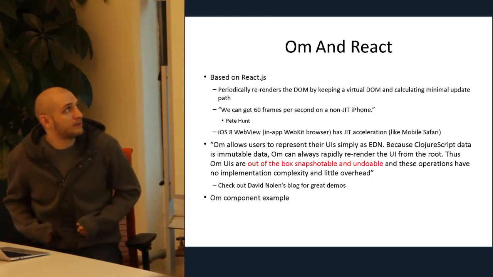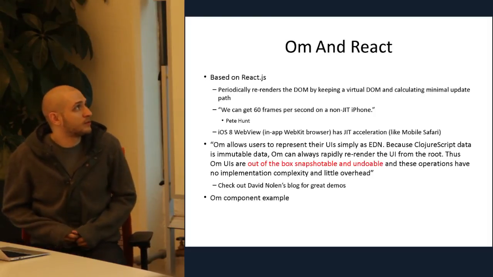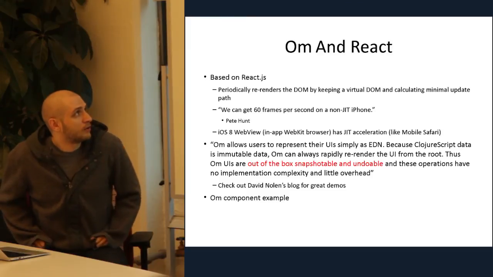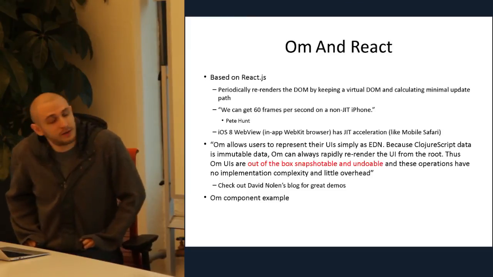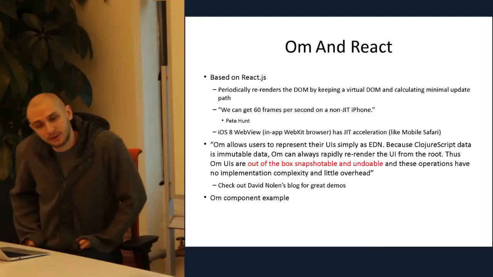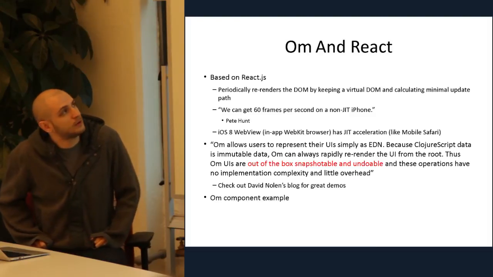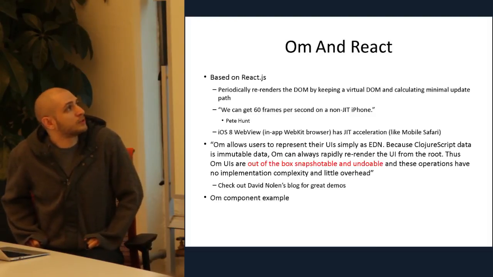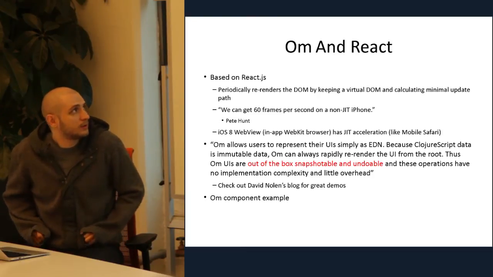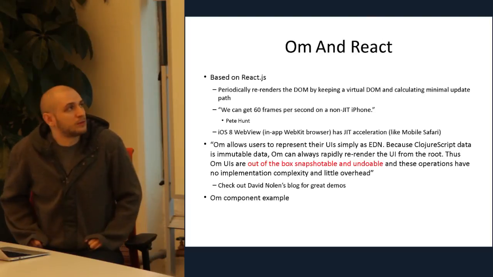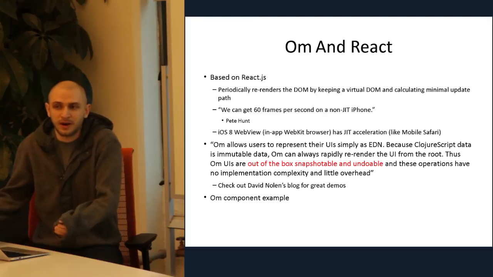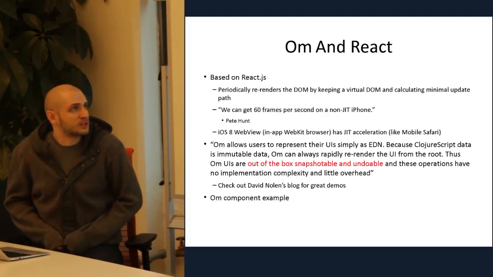And React, if you're not familiar, I will briefly mention what these things are. React.js is a JavaScript library for building user interfaces, built by some folks at Facebook. It's really cool. It periodically re-renders the DOM at a certain interval, and it batches the writes to the DOM, because they're expensive.